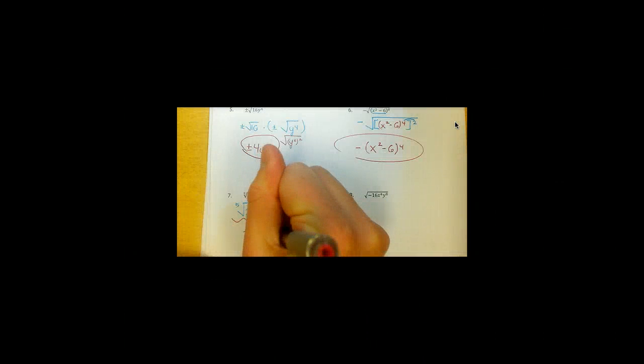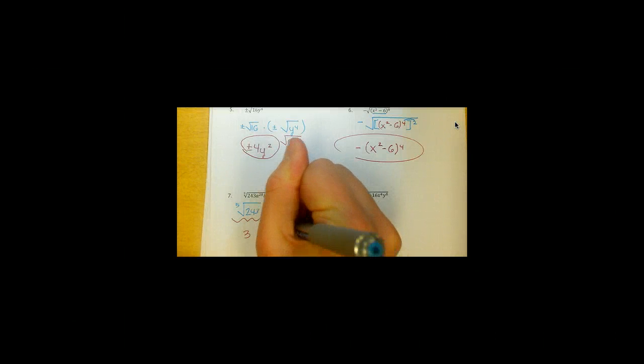The 5th root of a to the 20th would be the same thing as the 5th root of a to the 4th power taken to the 5th power. Okay, if you take a to the 4th and then take it to the 5th, 4 times 5 is 20. And so that means that the 5th root of a to the 20 is simply a to the 4th.